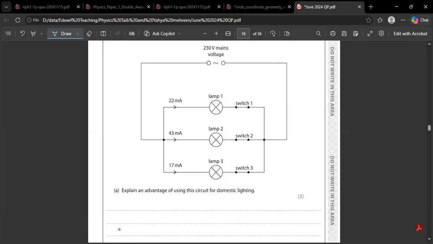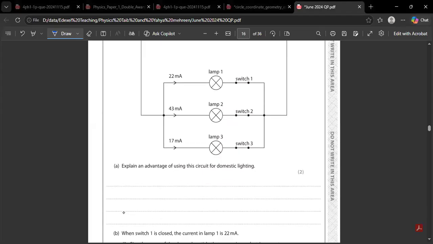So advantage, since it's a parallel circuit, each lamp can be controlled, can be operated separately, right? Are you getting this? So lamps can be controlled independently or separately.